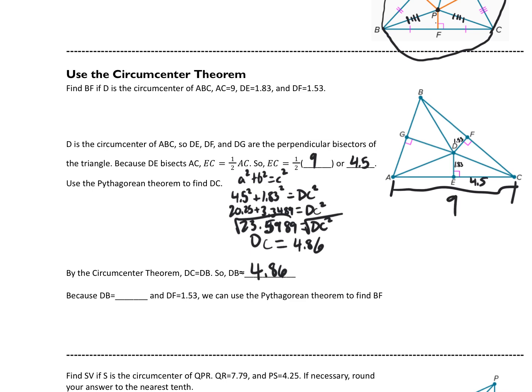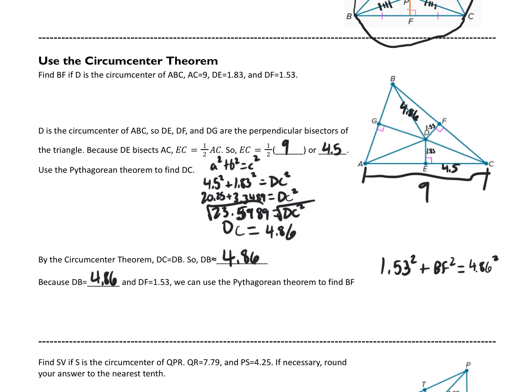So because DB equals 4.86 and DF equals 1.53, we can use the Pythagorean theorem to find BF, which is what we're trying to do. So let's go ahead and label BD as 4.86. So I have one side of the triangle that is 1.53. The other side I don't know, which is BF, and the hypotenuse is 4.86.